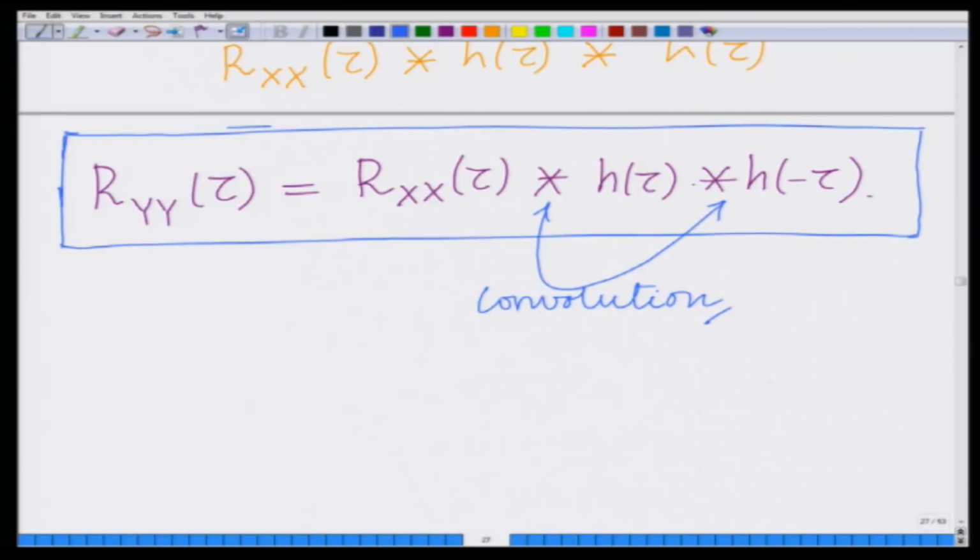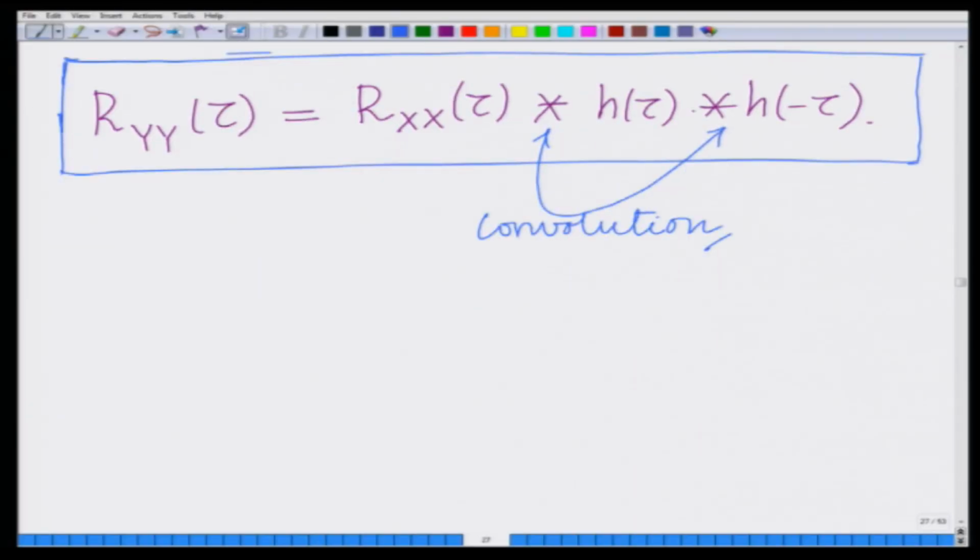Now, let us look at what happens in the frequency domain. To understand what happens in the frequency domain, let us look at the frequency response of h of minus tau. That is the Fourier transform of h of minus tau, which is the Fourier transform of h tilde of tau.